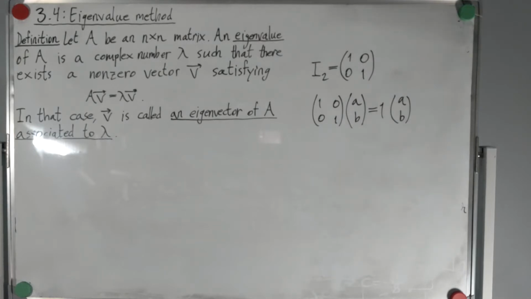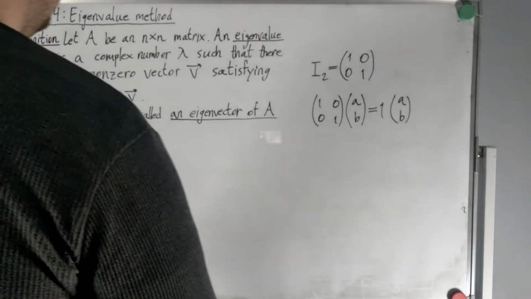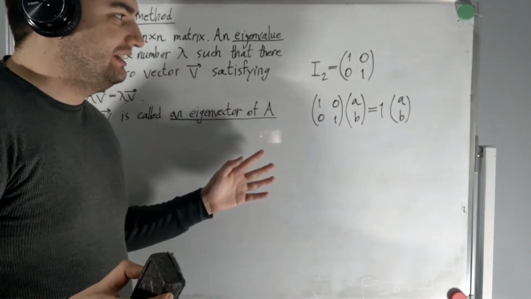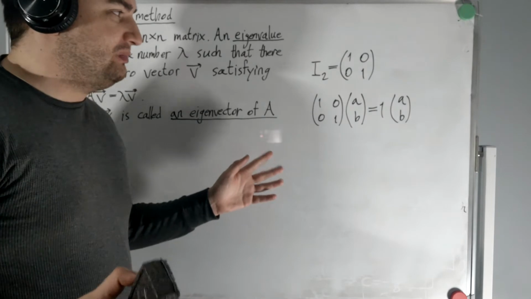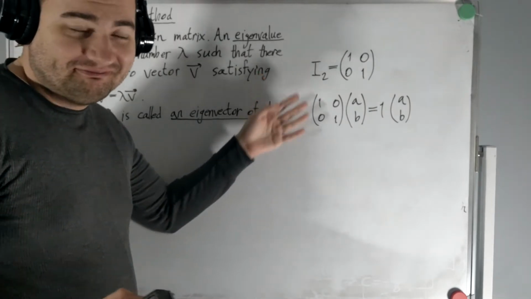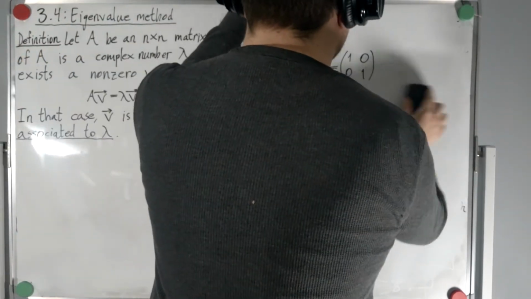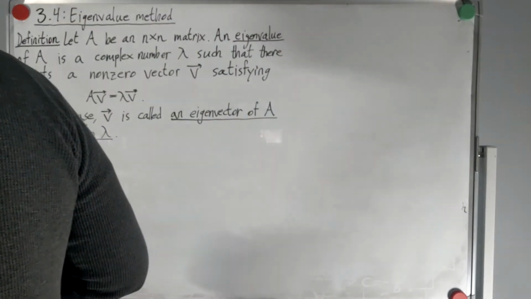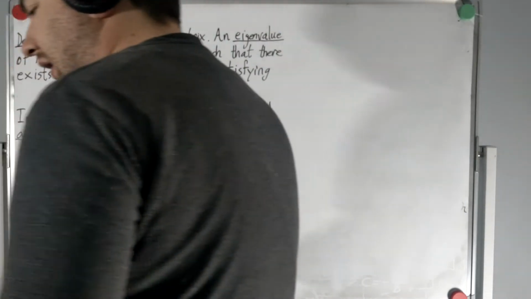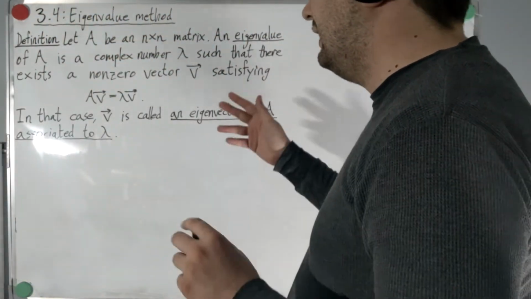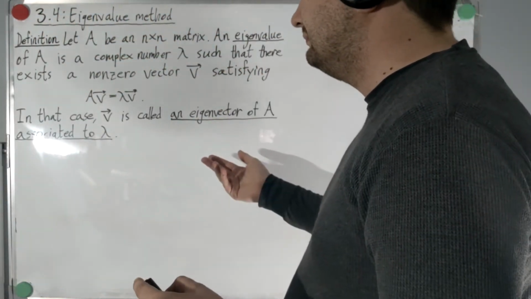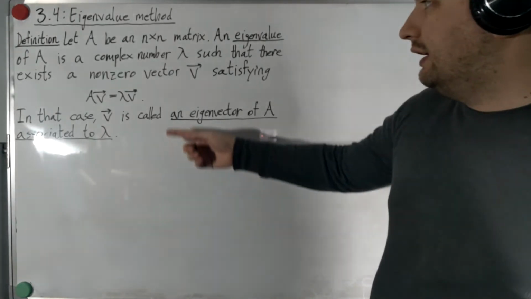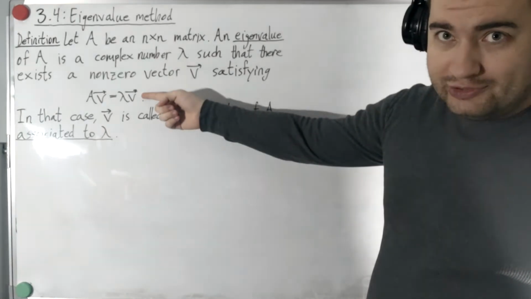Let's talk about how to actually compute these eigenvalues, because not every eigenvalue is going to be as easy to find as this. So if you've got an n by n matrix A with an eigenvalue lambda and an associated eigenvector v, then you are satisfying this equation.